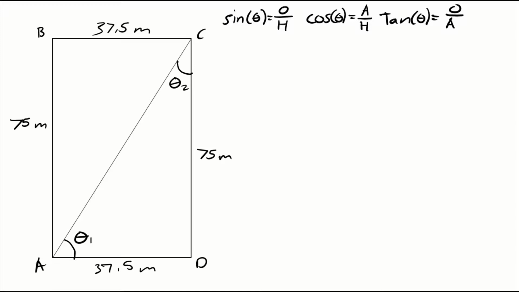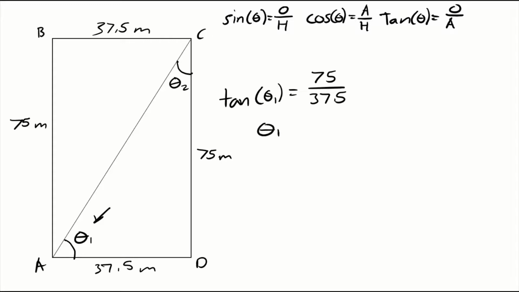In our case, we know the opposite and the adjacent, so we can use tangent, where opposite is 75 meters and the adjacent is 37.5 meters if we're solving angle 1, which is what we're going to do first, and then we can get angle 2. So to solve for angle 1, we'll use tangent, so it'll be tangent of angle 1 equals 75 over 37.5.